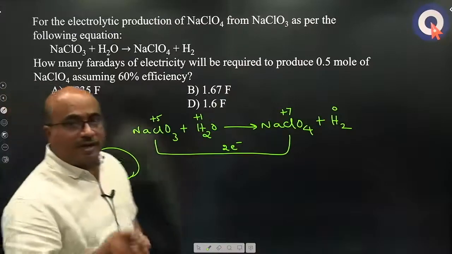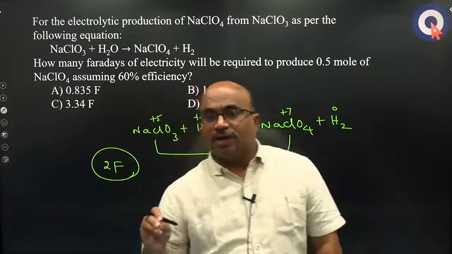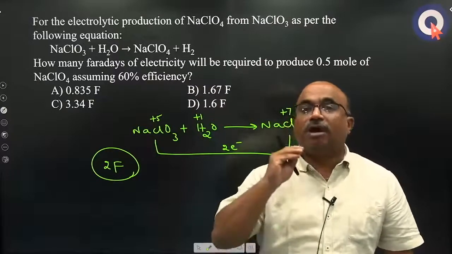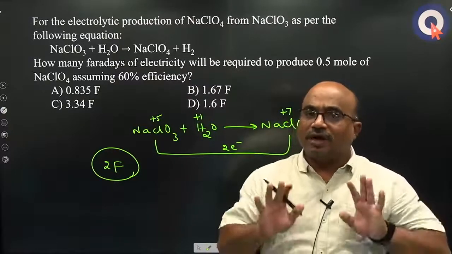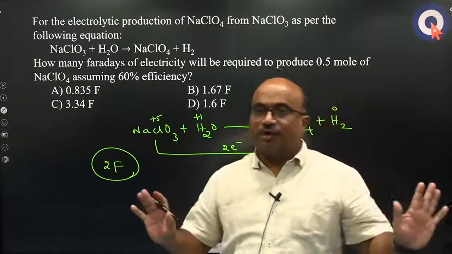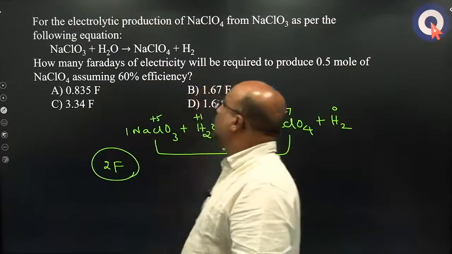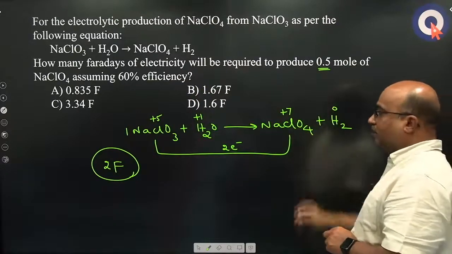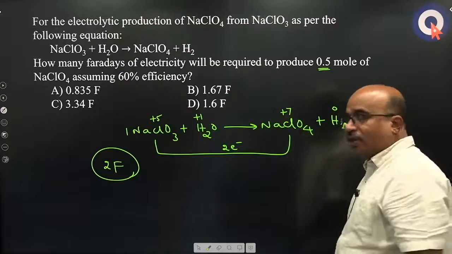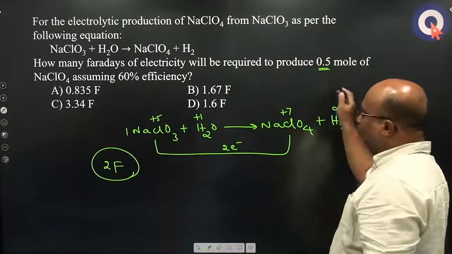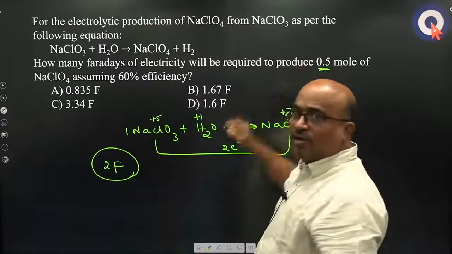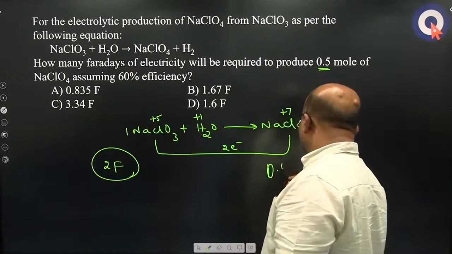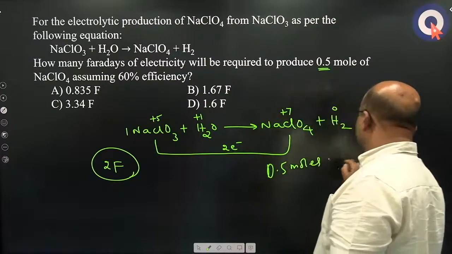So when you write any cell reaction and get the number of electrons, the coefficient of the electron is nothing but your number of Faradays. So how many Faradays were involved here? 2 Faradays, that is for 1 mole. But how many moles are we taking? 0.5. So for 1 mole we require 2, for half mole we require 1 Faraday. So for 0.5 moles we need 1 Faraday.